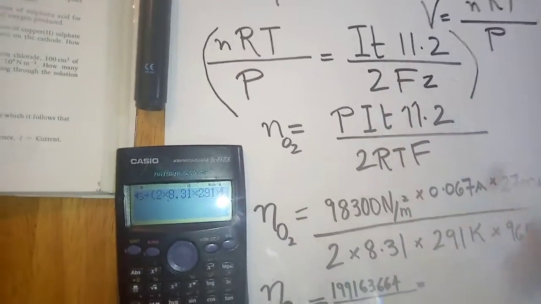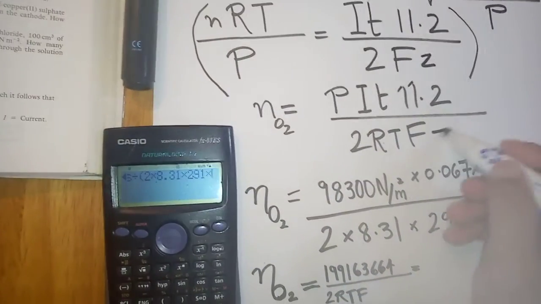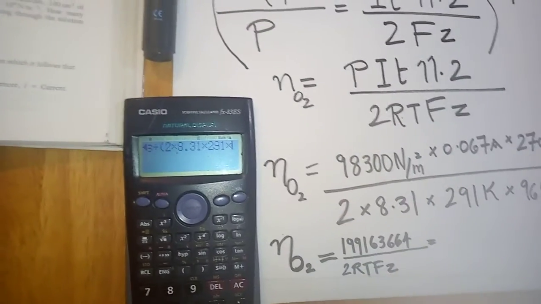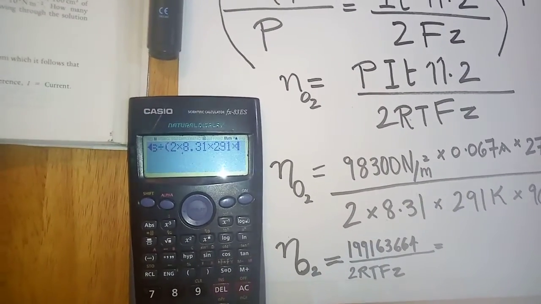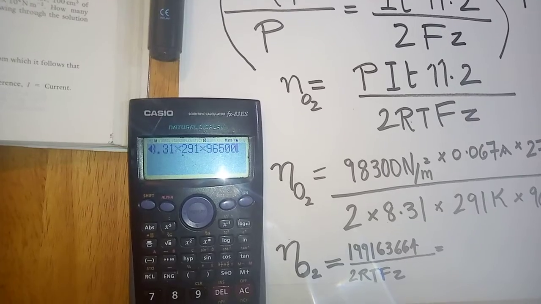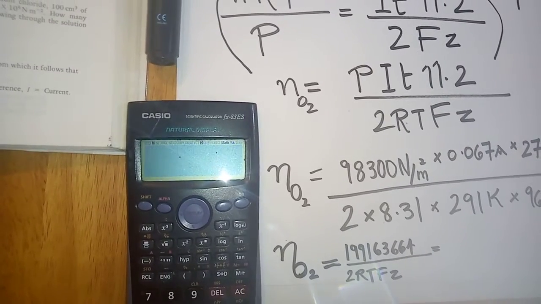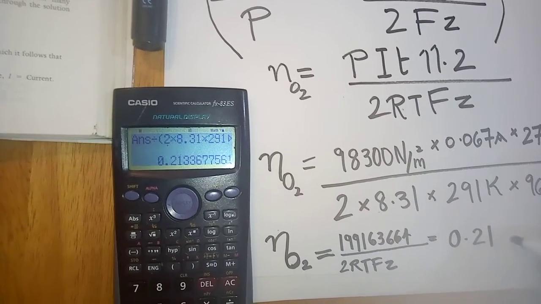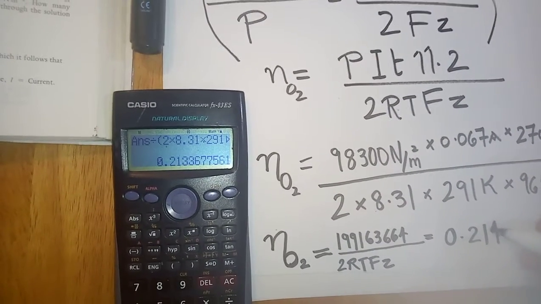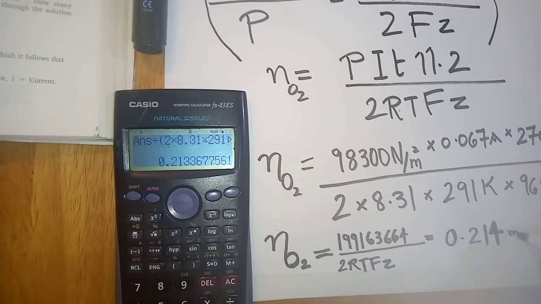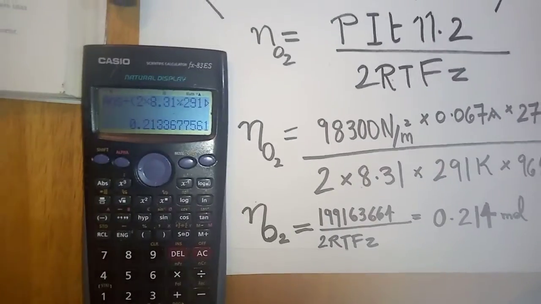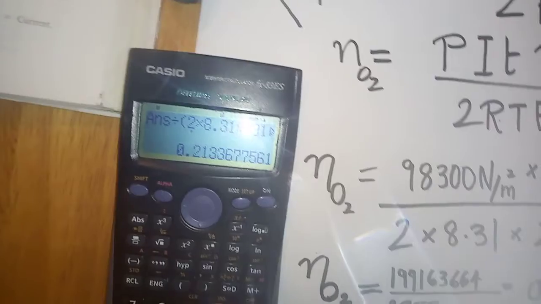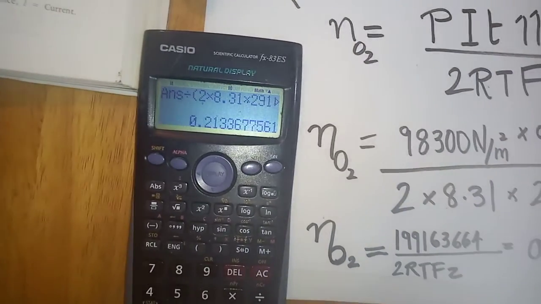Sorry, there's a Z there as well. And there's a Z. I got 0.2 moles of oxygen.